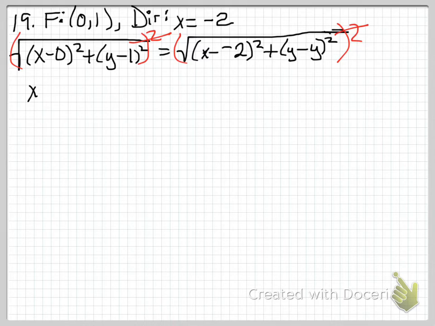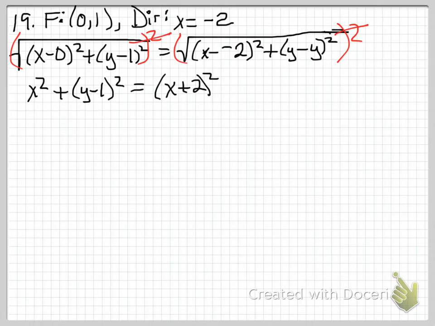That leaves me with x squared, because x minus 0 is x. So we have x squared plus y minus 1 squared is equal to x plus 2 squared. Okay, and then remember, y minus y is 0, so we don't have to put that down.